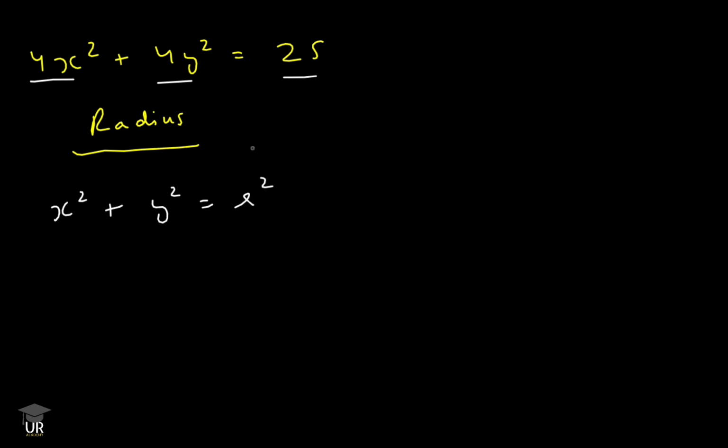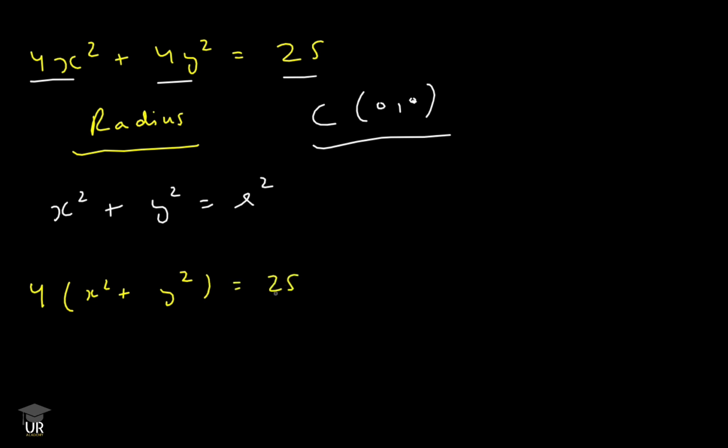So that clearly means that the center for this circle is going to be your origin. Now what we can do here is that we can take 4 as common. So this will be x square plus y square is equal to 25, and then it will become x square plus y square is equal to 25 upon 4.